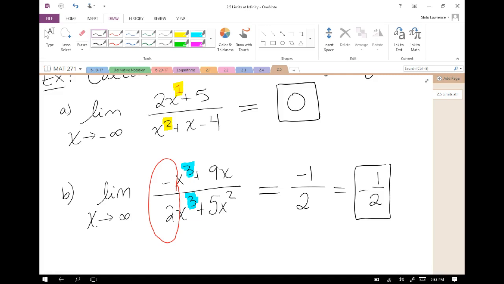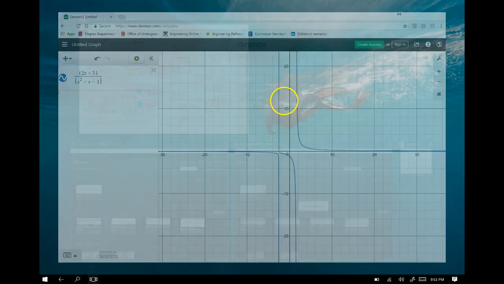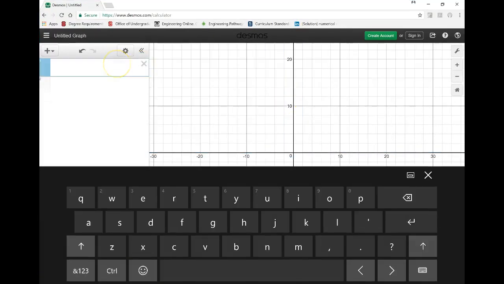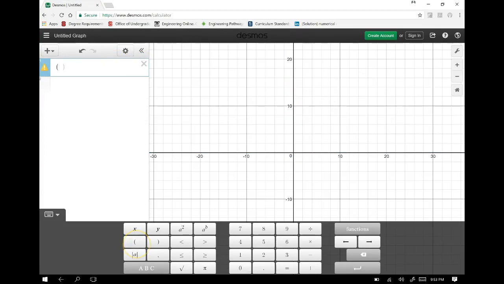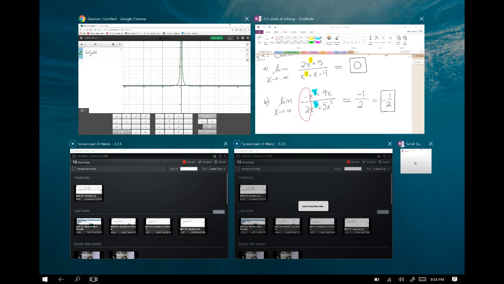That might be hard to see that exact value on a graph. It's not too bad, but if we were to look at this graph, negative x cubed plus 9x, divided by 2x cubed, and then our other term was plus 5x squared.